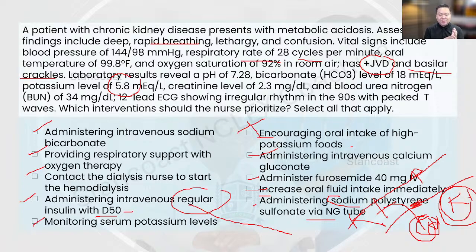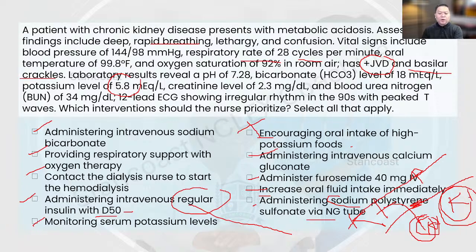These will not treat the patient's underlying problem, because potentially the potassium can go back into the bloodstream after the 6-hour period. That is why we are going to administer the sodium polystyrene sulfonate, known as Kayexalate, because this will pull all those excess potassium from the bloodstream by allowing the person to poop out all those excess K ions. And also we have the dialysis, which will really get rid of those excess potassium.